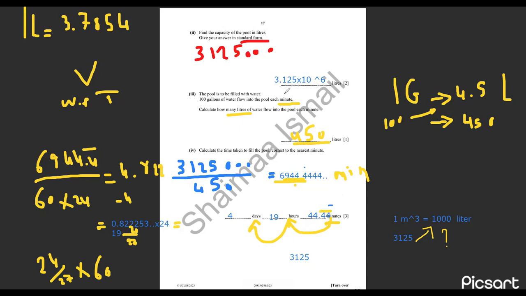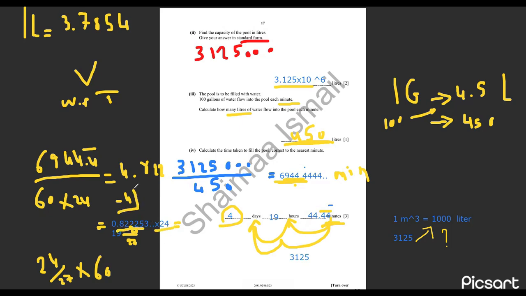Again, we take the capacity itself and divide it by the 450, which gives us the number of minutes. We take these minutes and divide by 60, dividing by 24, because here we started from the end, so it gives us the number of days. So now we have the number of days. We subtracted the number of days, so we multiplied by 24 again.